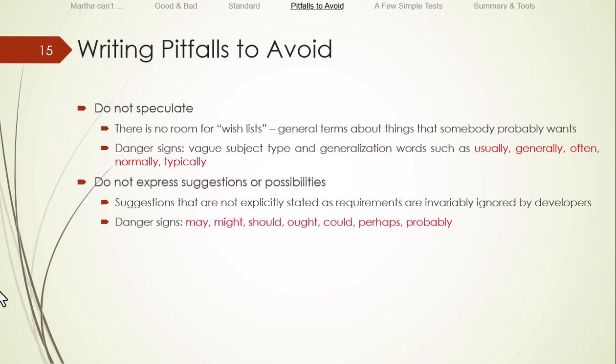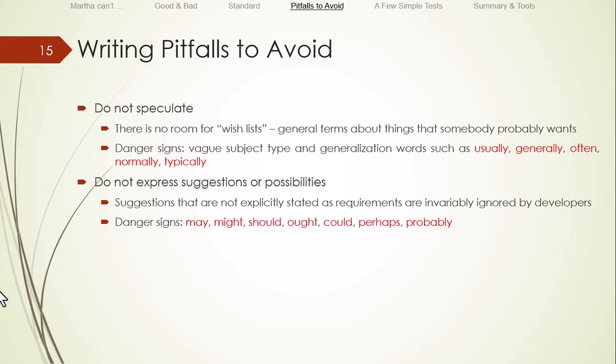Do not express suggestions or possibilities, because the specification document fixes all the requirements. Only those requirements are documented that are fixed from the user's perspective and from the system perspective. So if you are writing some suggestions, that can be dangerous.